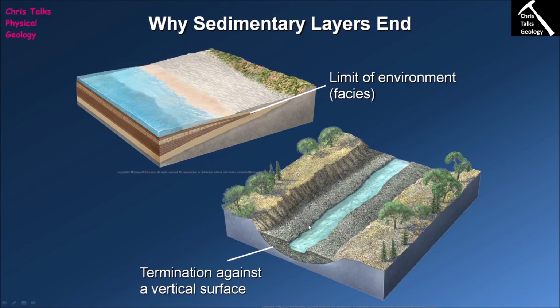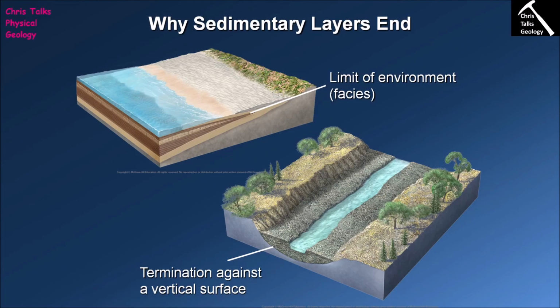Every time the river floods, it deposits sediment across the floodplain, but obviously the floodwaters cannot go past the cliff here and the cliff here because the elevation's too high. This means that any layer of sediment that's deposited by the floodwaters must terminate against this vertical surface. The layer can't go any further.